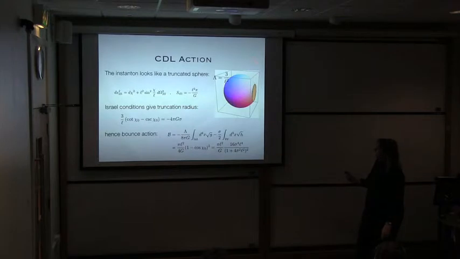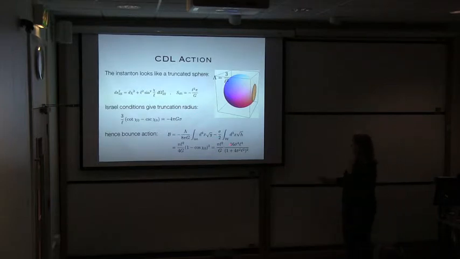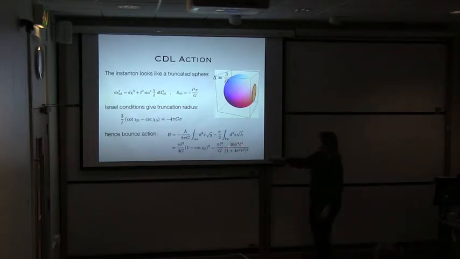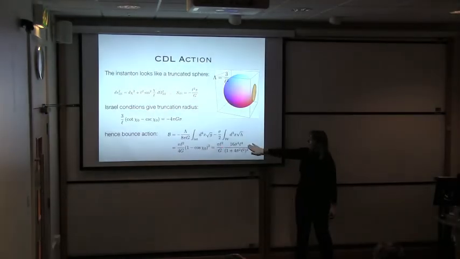So this is what it looks like. This is de Sitter space, the metric of a four-sphere in this case, and that has a particular gravitational action. You get a truncation radius from your equations of motion, and then you put all that in. And when you put things back in terms of the various parameters, L is the radius of curvature of the de Sitter space, which is related to that energy difference.